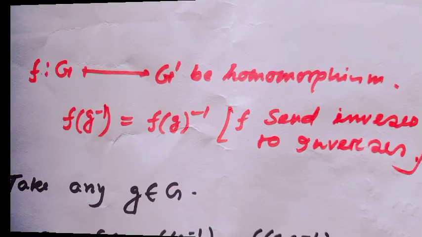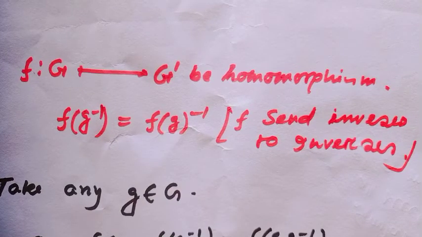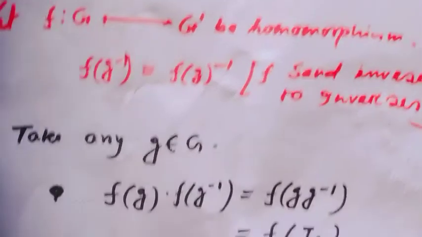There is another property. Let f from G to G dash be a homomorphism. Then f of g inverse equal to f of g inverse. That means f sends inverses to inverses. Let's see the proof.